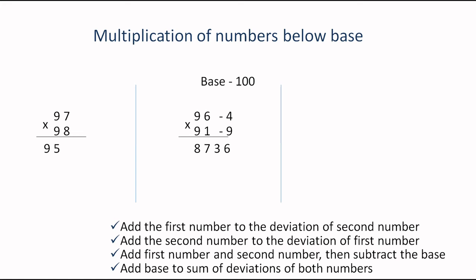Minus into minus is plus again. 3 into 2 is 6, but 6 has only one digit, whereas my base has two zeros, so we can keep only the number of digits equal to the number of zeros in our base. For 6, we just add 0 before it, making it 06, and we will write it down here. We are adding 0 just because the number of digits is less than the zeros in the base.